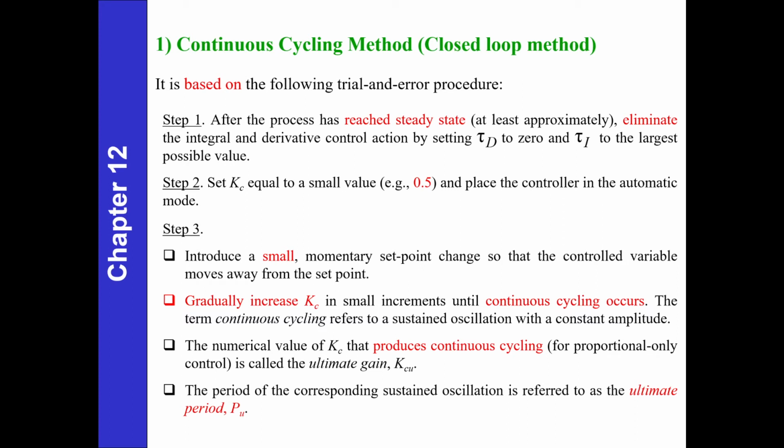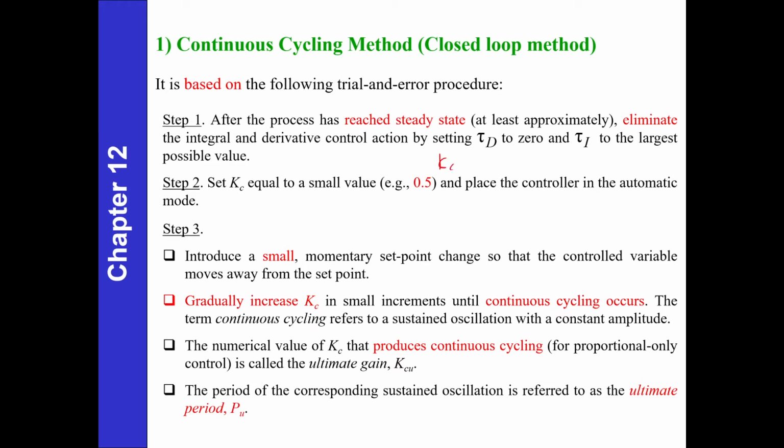What you are doing in that lab is, when a process starts to reach a steady state, you set the value of tau D to 0 and tau I to the largest possible value. This is the importance of the controller equation.